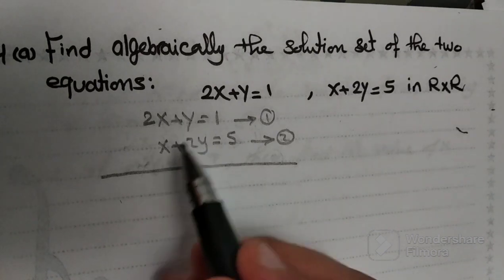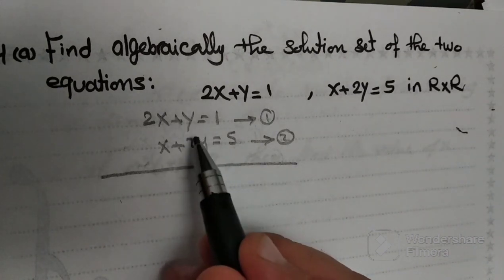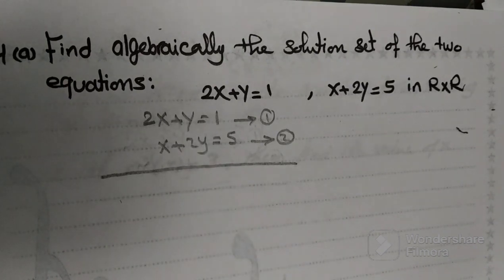We must make two variables have the same coefficient and different signs.